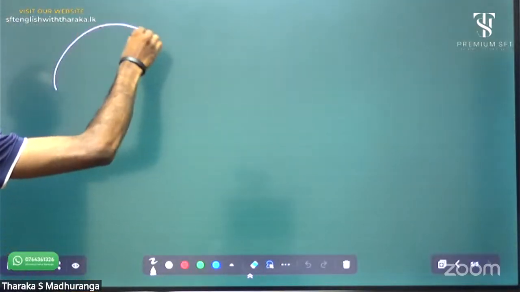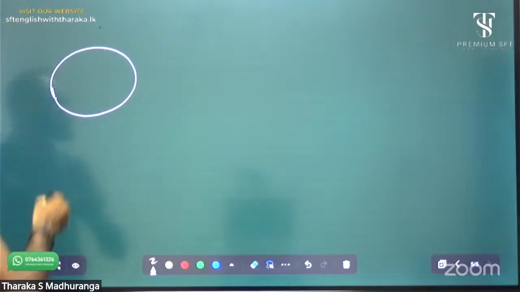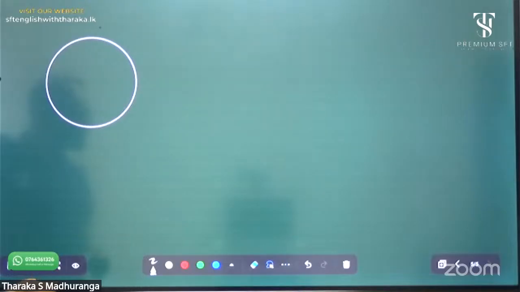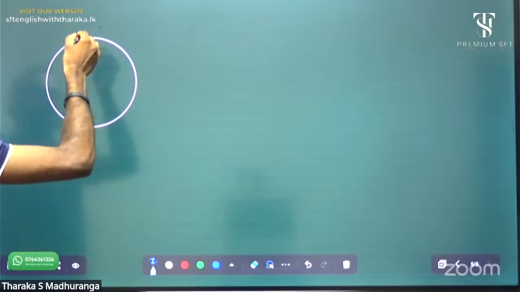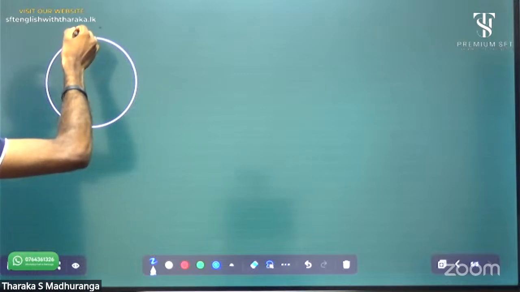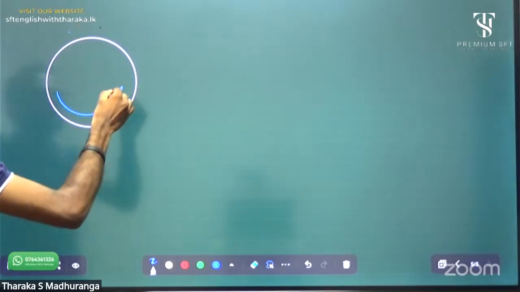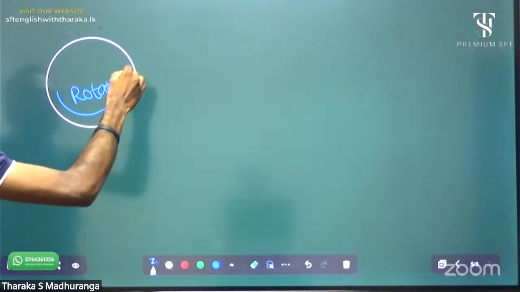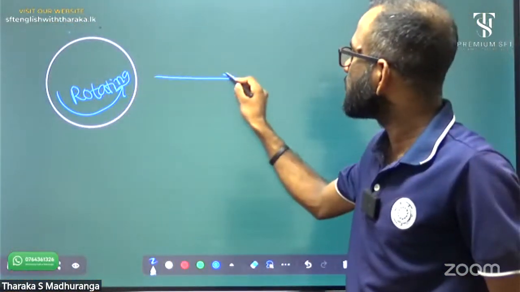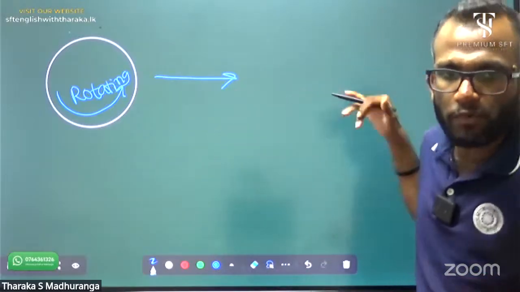Now think this is a football. Our shot makes the ball rotate in this direction, rotating and moving to this side, to the right side.